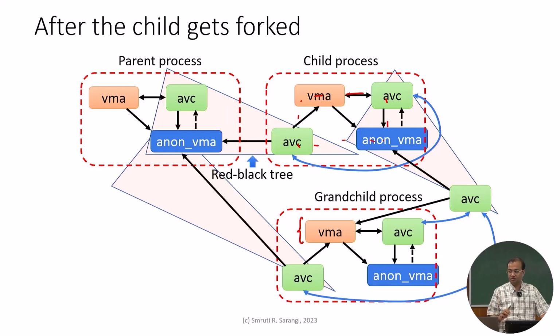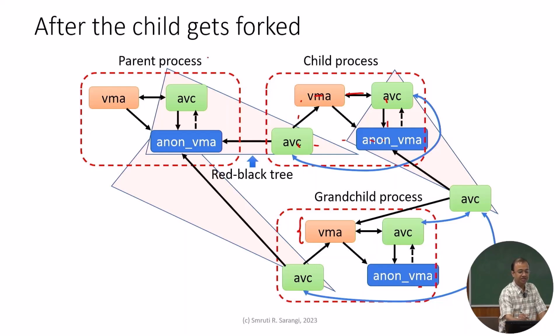What are the 3 sources? One source is pages that are private to the grandchild. That is why it will have its dedicated private Anon VMA and a connection to it for pages that the grandchild creates. Then it will inherit pages from the child and from the parent.